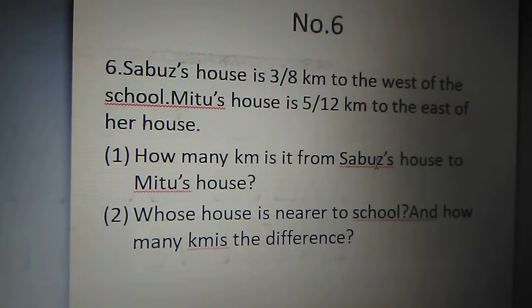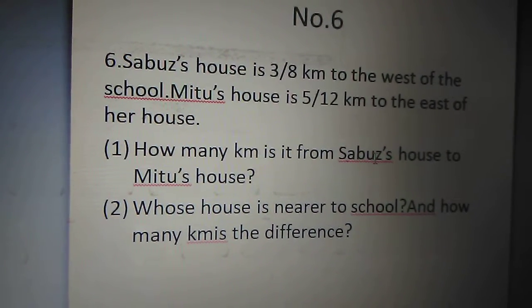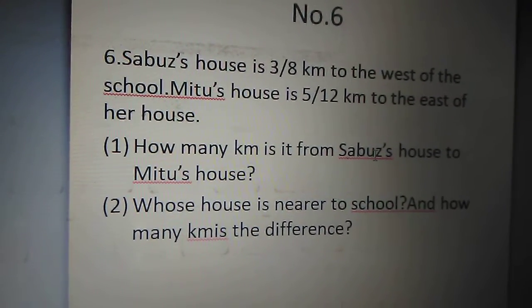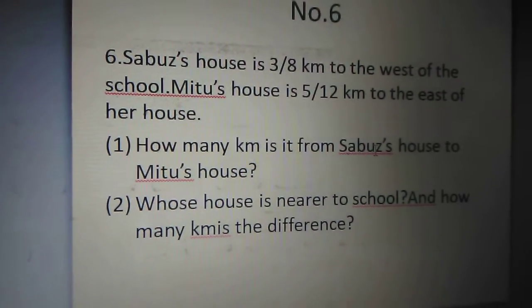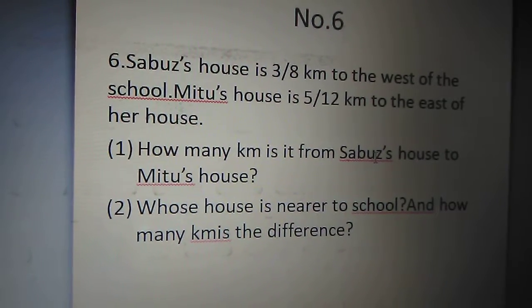Look here. For example, think that you are Shobu and another of your friends is Mitu, and the distance from the school to your house and the distance from the school to your friend's house is given here in two directions.